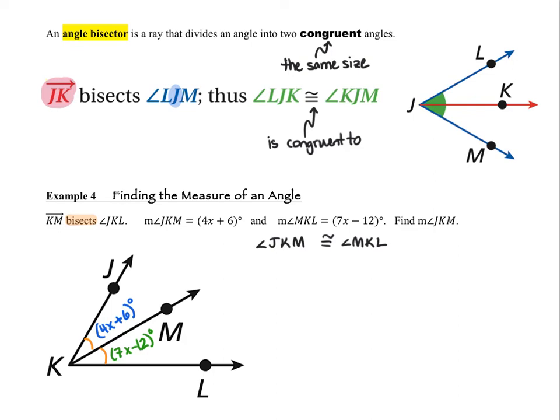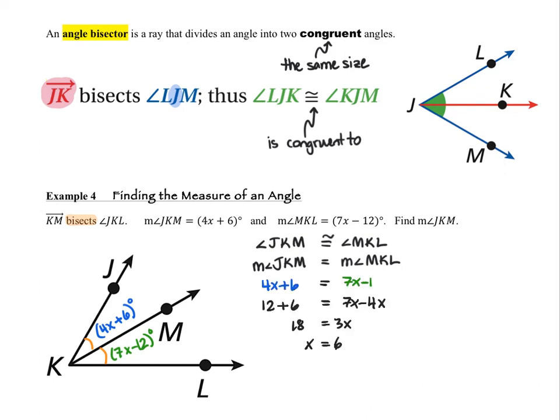And that means that the measure of angle JKM is equal to the measure of angle MKL. Now we can substitute in the algebraic expressions. For the measure of angle JKM, we're going to put in 4x plus 6, and for the measure of angle MKL, we're going to put in 7x minus 12, and now we're going to solve the way we would any algebraic equation. And we end up with a value for x of 6.